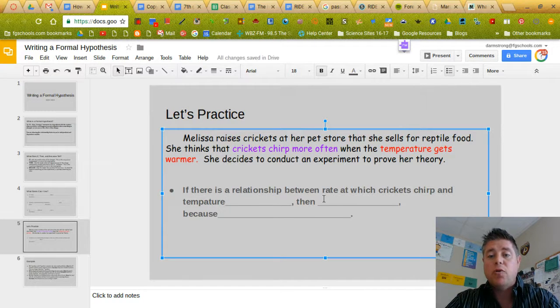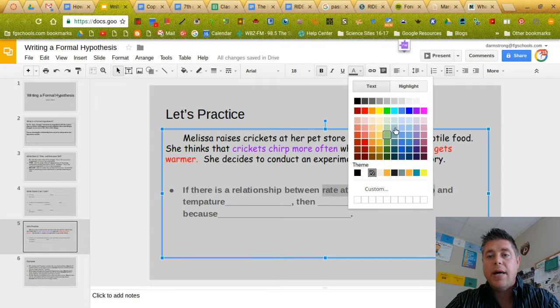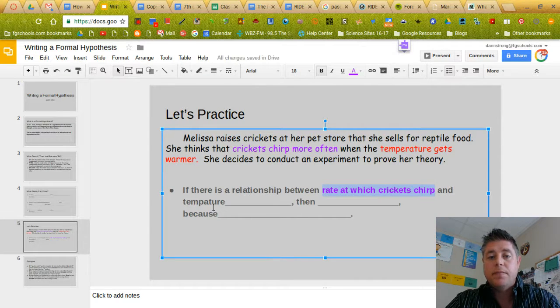Here I'm showing the relationship between the rate at which crickets chirp. That's my dependent variable. So let me again highlight that in purple for you. And the temperature, looks like we have a spelling error there. We can easily fix that. So the temperature, I'm going to put in red.